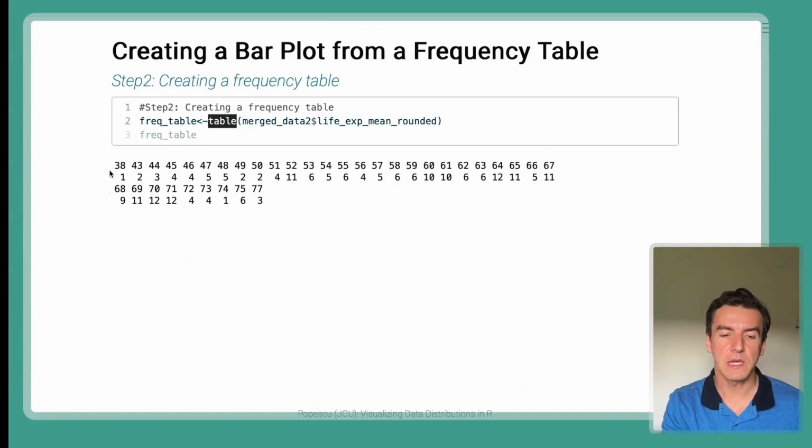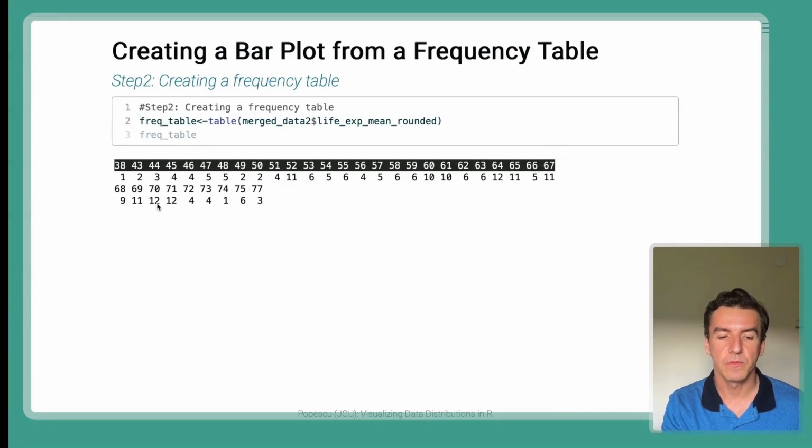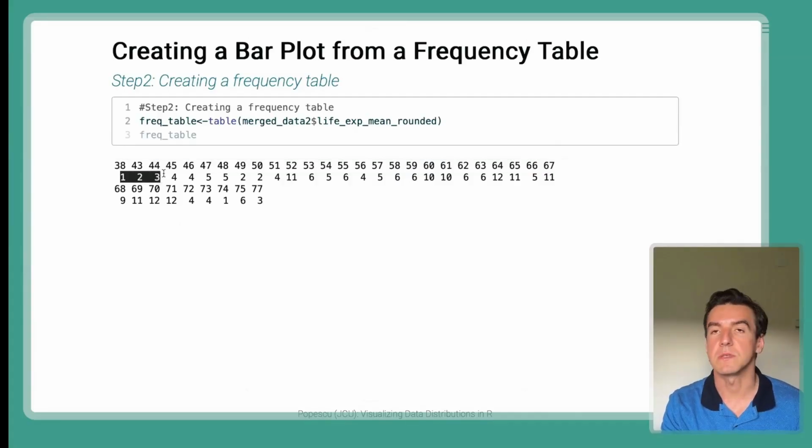So the frequency table looks more or less like this. These are all the values in our data frame, and these are the frequencies. So what does this mean? There's only one country where average life expectancy is 38. There's two countries where average life expectancy is 43, three countries where it's 44, four countries where it's 45.